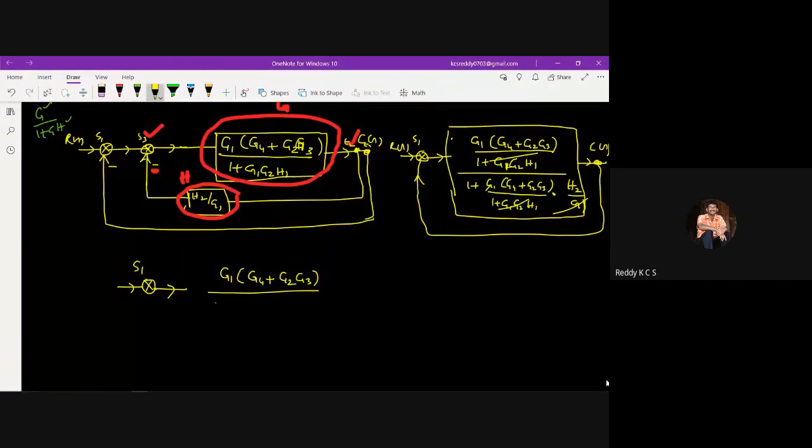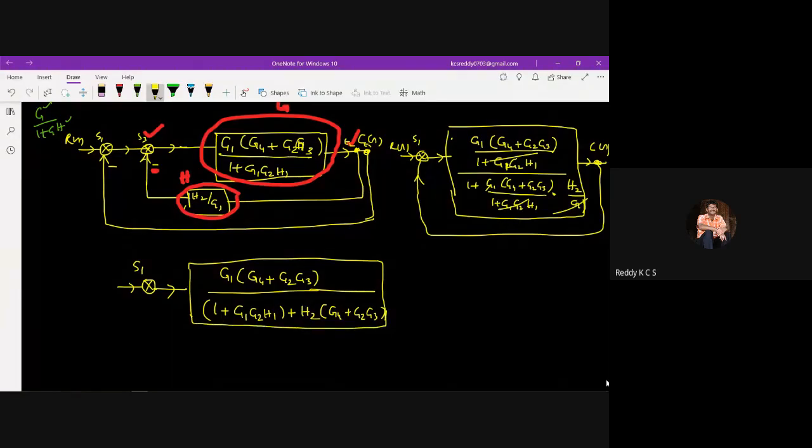So 1 plus G1, G2, H1, plus G1 is cancelled out. I'll be left over with the H2 only, H2 into G4 plus G2, G3. So this is the single block which is converted after removing the minor loop. This is C of S.